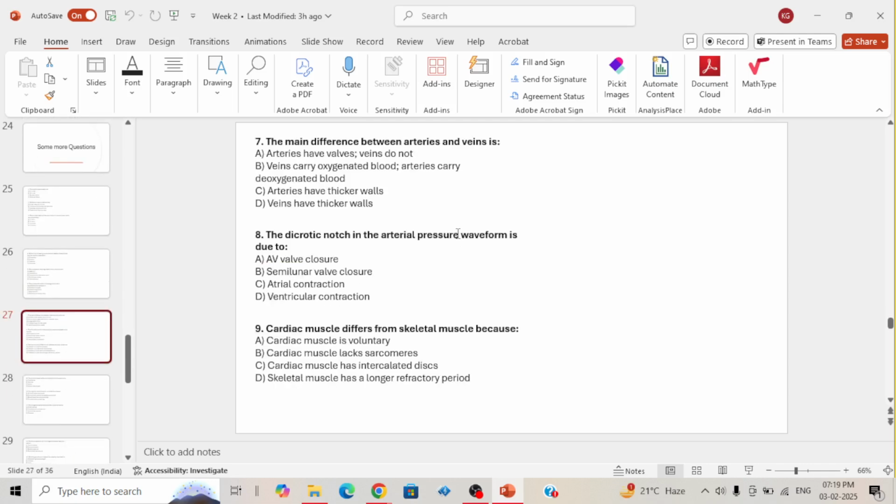Okay. So the main difference between arteries and veins is, veins carry oxygenated blood, arteries carry deoxygenated blood. Arteries and veins are both blood vessels. इन्होंने कहा है difference. What is the difference between arteries and veins?